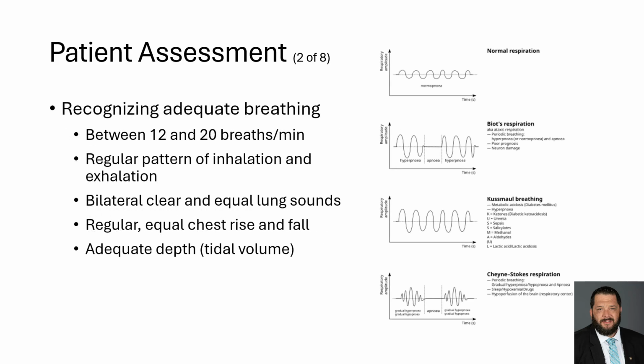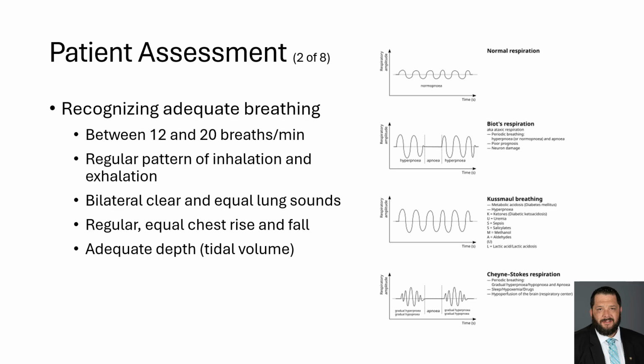So when we assess these patients, we need to make sure that we can ensure adequate breathing. Normal adult respiratory rate is between 12 and 20 breaths per minute, and it's a regular pattern of inhalation and exhalation. Breathing should be quiet. In other words, the patient shouldn't be making any snoring sounds, sonorous respirations, or gurgling sounds.